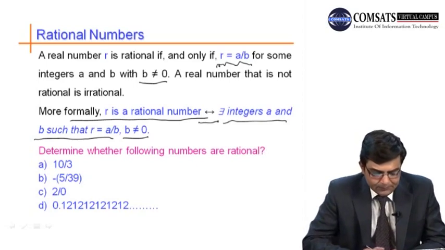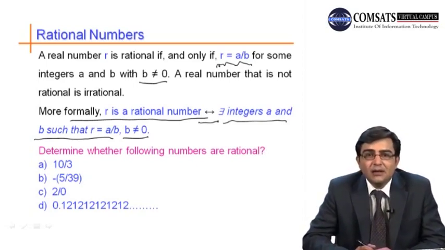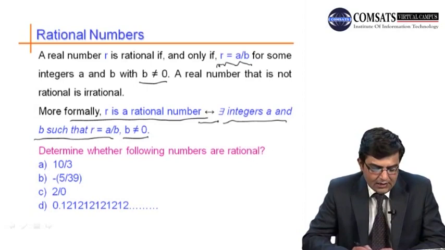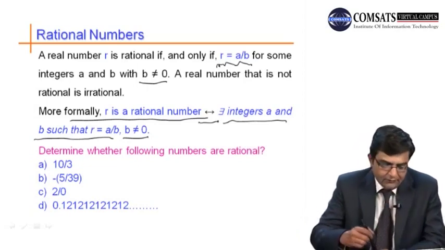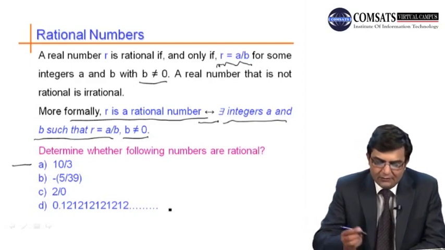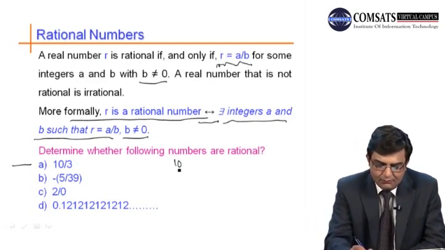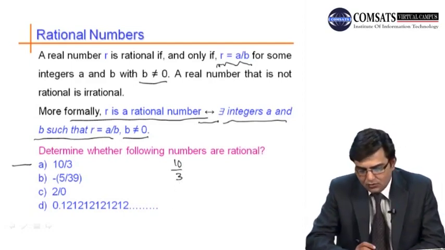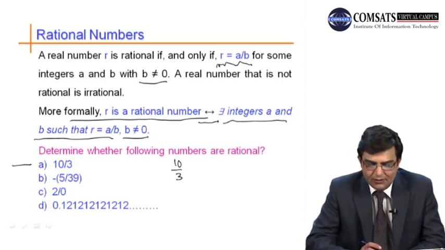Now we see some numbers and we will find whether these numbers are rational or not. For example, we have the number 10 over 3. What is this? This is a rational number. Why?